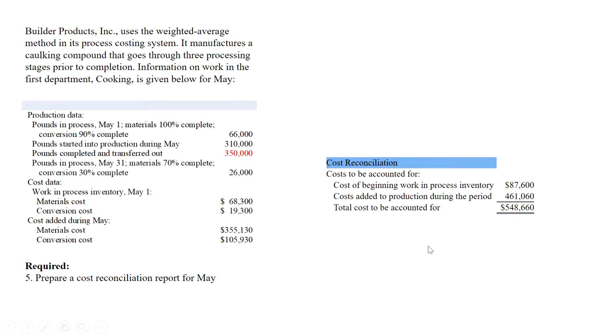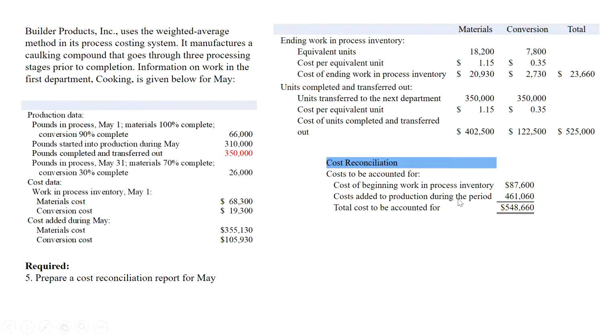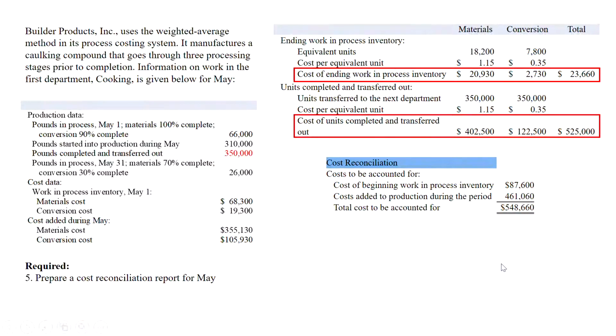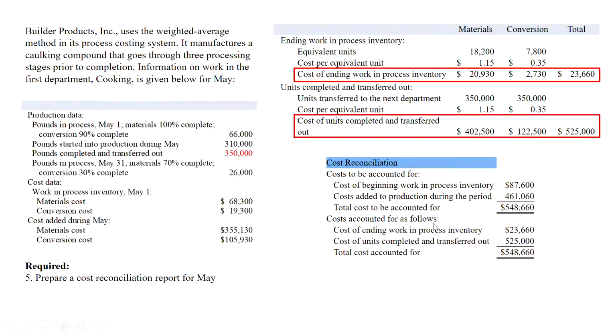So let's make sure. Let's go back to the information we saw in steps 3 and 4, where we had cost in ending work in process inventory and cost completed, and just fill this in. So now we're going to account for this cost as follows. Total cost of work in process inventory ending is 23,660.